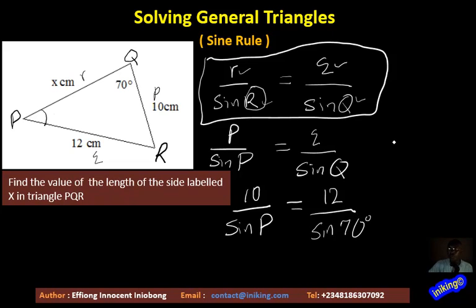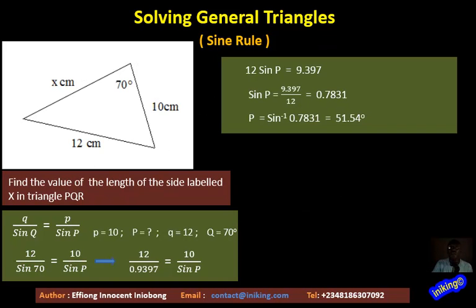Now we manipulate this. You can see you cross multiply. That's 10 over sine P, 12 all over sine Q. Sine Q, which is sine 70, 0.9397.